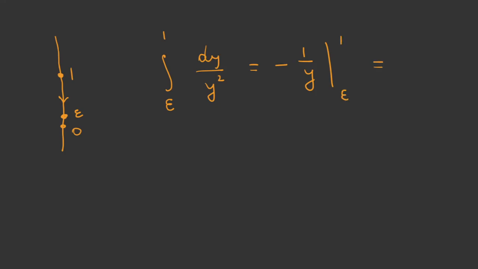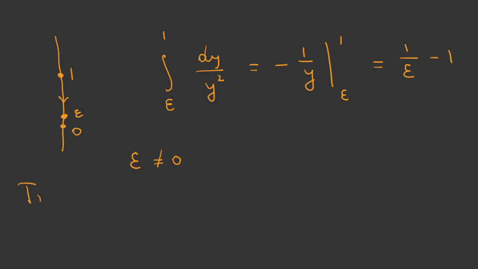And what we end up with is 1 over epsilon minus 1. This calculation shows that for any epsilon that is not 0, our object will arrive at the point y equals epsilon in finite time, and this time equals 1 over epsilon minus 1.